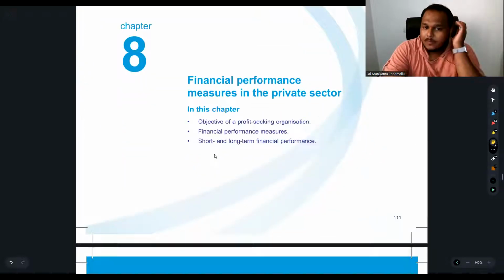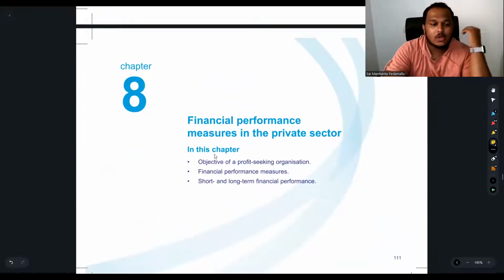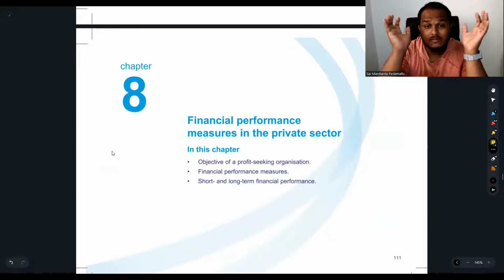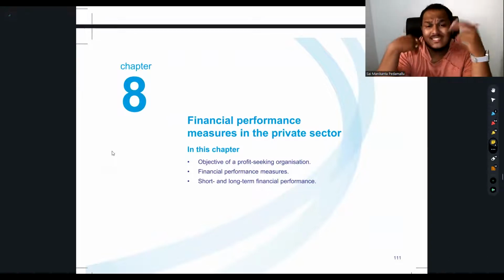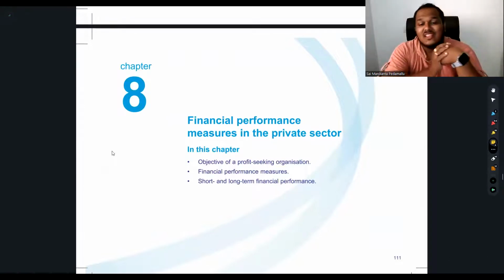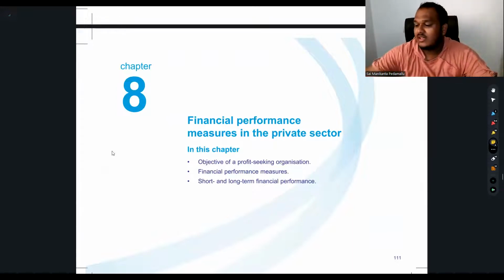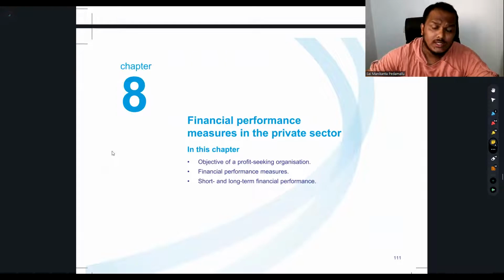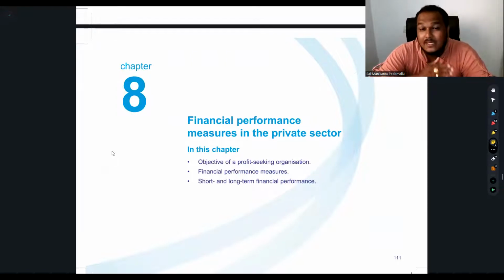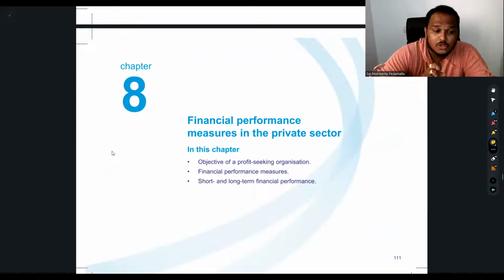So that is about your chapter number 7. Then moving on to our next topic, which is the second most important one, the financial performance measures in the private sector. Sir, this is the topic which you learned in financial reporting as interpretation. The same is repeated in audit and assurance as ratio analysis.